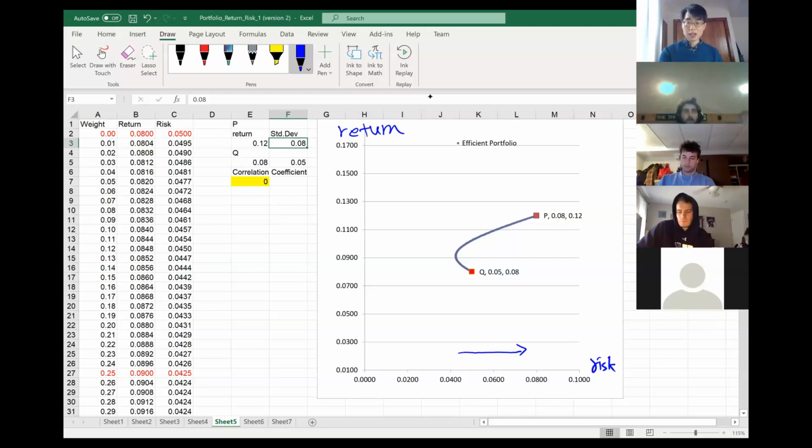So obviously asset P is to the right of asset Q, which means that asset P is riskier than asset Q, right? And the vertical axis is the rate of return. And obviously P is higher than Q, meaning that P also has a higher return than Q. Are you guys with me so far? Okay.